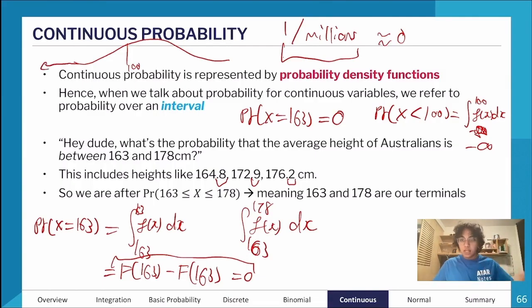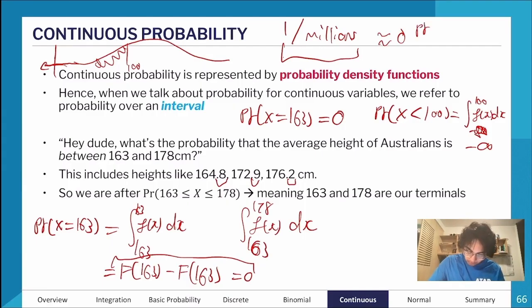Once it's past x equal to 0 on the y-axis, it's hit 0. So if you're doing from negative infinity to 100, you're really only capturing this region, which is perfectly fine. So when you're doing less than, I'd recommend using negative infinity.